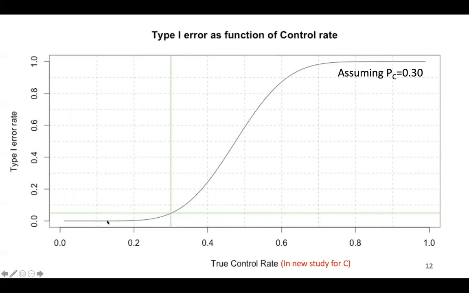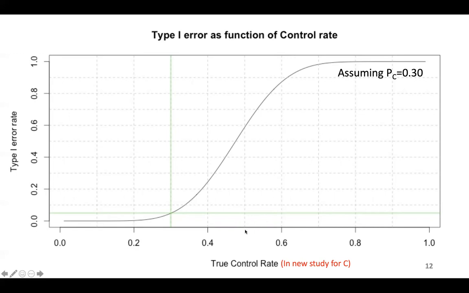If that's the rate, what I've graphed here is the type 1 error rate for the trial, assuming our new experimental agent has the same rate as control, and this control rate can change. So if it's 30%, that's the 4.7% that we mentioned before.